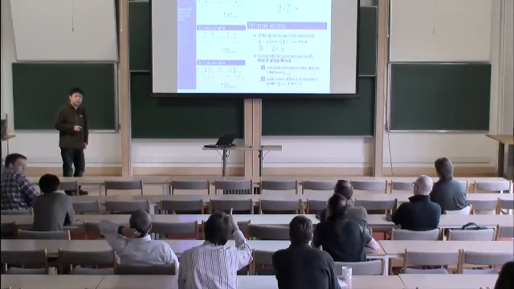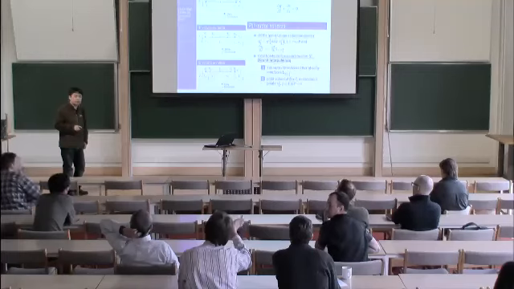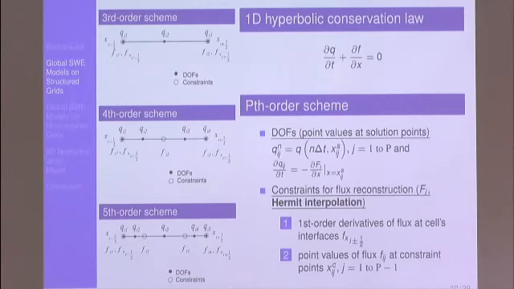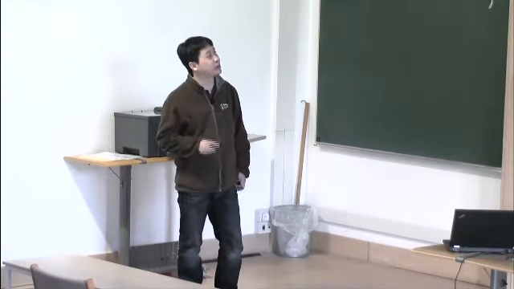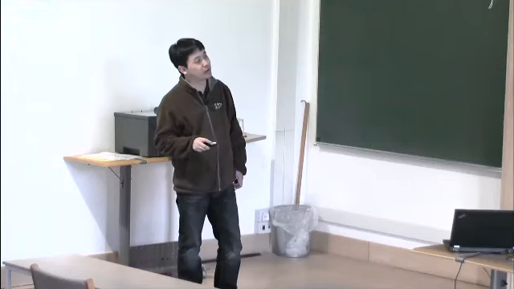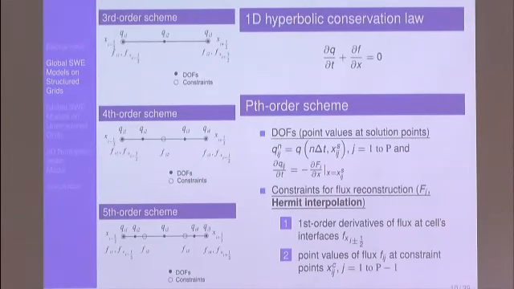So the flux is continuous, and its derivatives are continuous at element boundaries. It depends on the location of your constraint point and also the solution point. If the DOF is there, the flux point value is continuous.